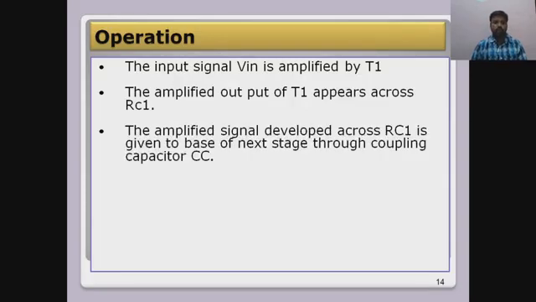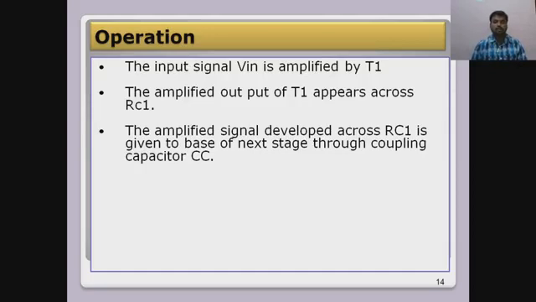The amplified signal developed across RC1 is given to the base of the next stage through the coupling capacitor CC as the input of the second stage.